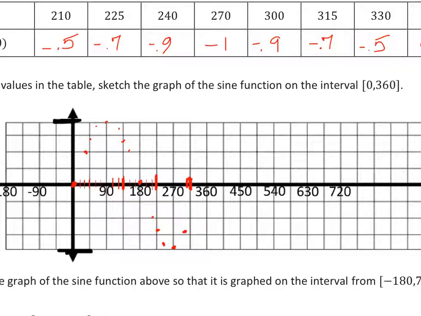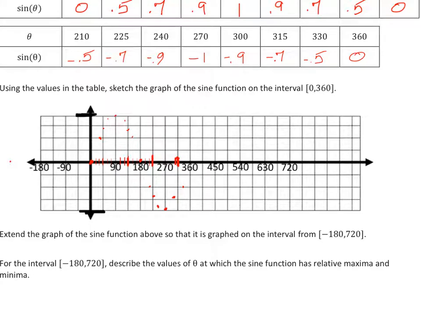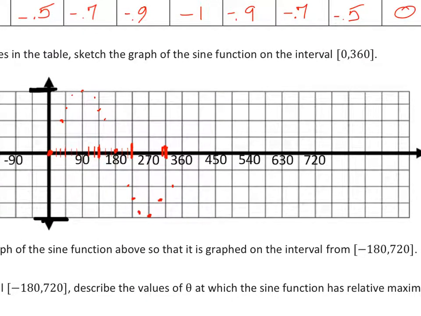We have 330 as a negative 0.5. So that would be just to the right of that. And then 360 is 0. So we've gone one revolution of the circle, 360 degrees. We started at 0, we went up to 1, we went back down to negative 1, then back up to 0 again.